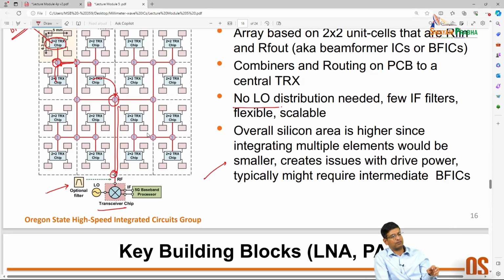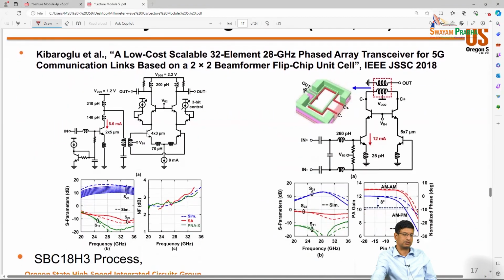Because each of these ICs has a lot of overhead associated with it, right? So overall silicon area is larger, but it has this benefit of scalability that I can build a 256, 64, 512 array all with the same unit cell and just keep scaling it in different dimensions.